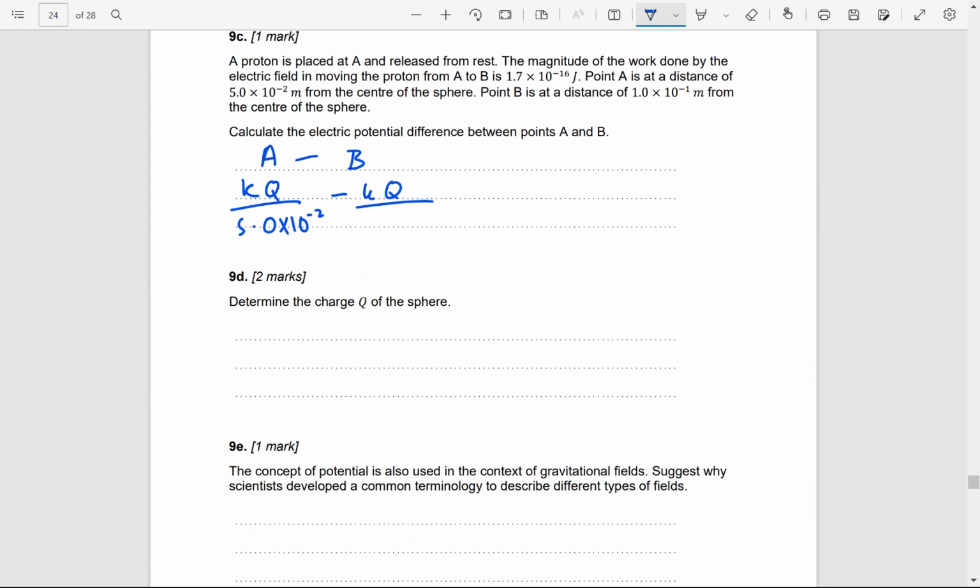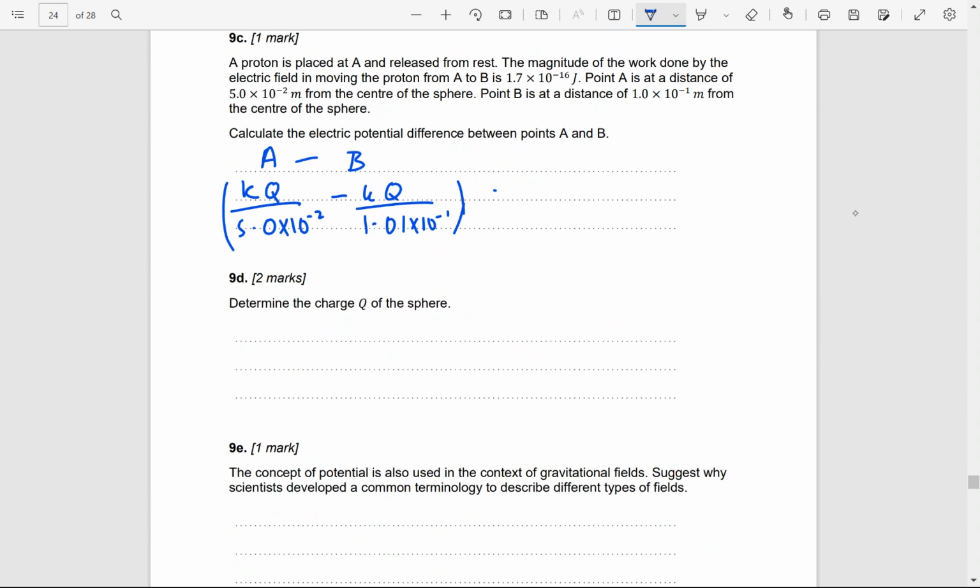K is 8.99 times 10 to the 9, 1.01. 1.1 times 10 to the 3.